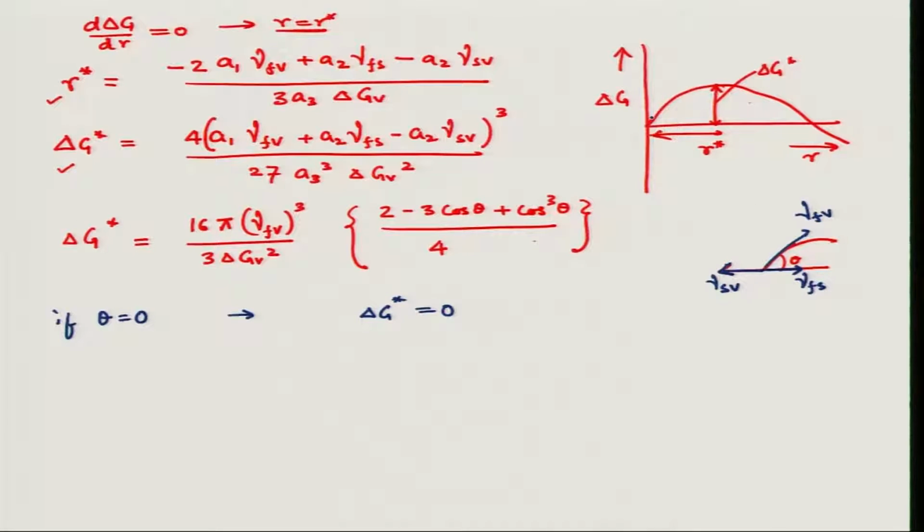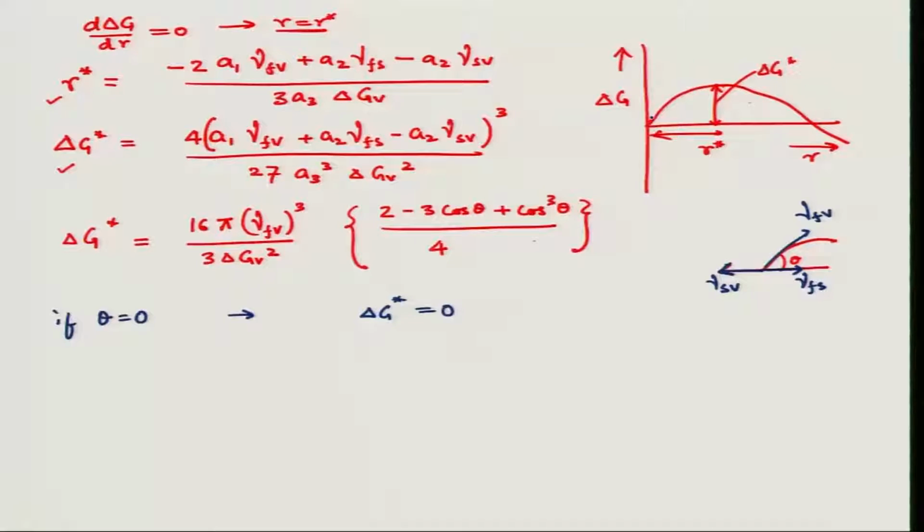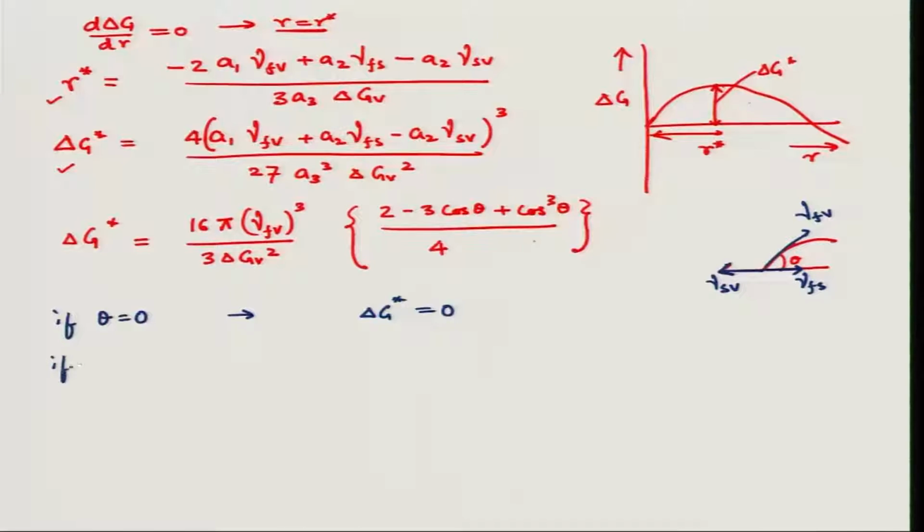There is no energy barrier for a growing nuclei to overcome in order to become a stable nuclei. Even a single atom sitting on the surface is stable in this condition. But if delta G star is not 0, then several atoms have to come together to form a stable nuclei.